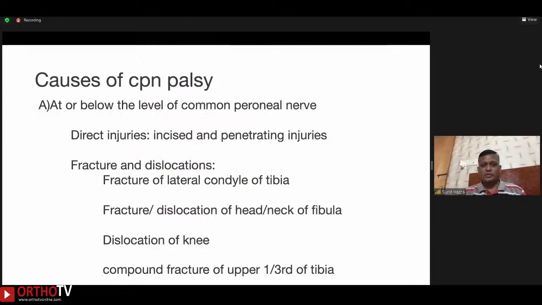Coming to the other causes of common peroneal nerve palsy, it can be direct injury, like incised or penetrating injury at the level of the neck of the fibula or just above it, or some indirect injury due to fracture and dislocations of the lateral condyle of the tibia, or fractured neck of the fibula, or dislocation of the knee, or any compound fracture in the proximal part of the tibia.